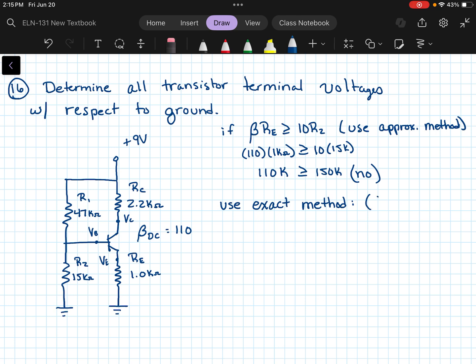Okay, so to do this, we're finding E Thevenin and R Thevenin. And you can just use equations for this.